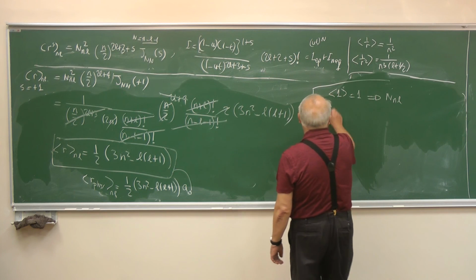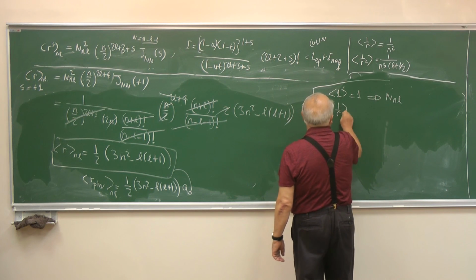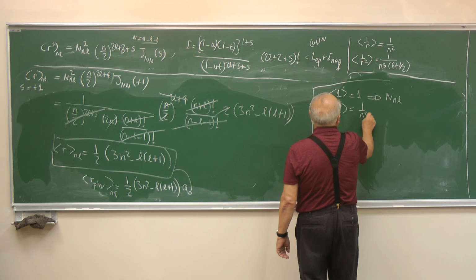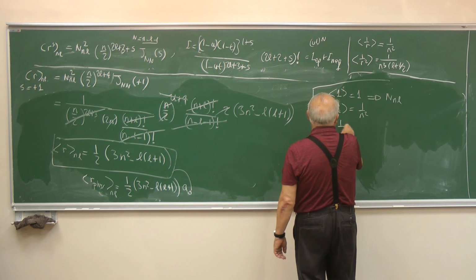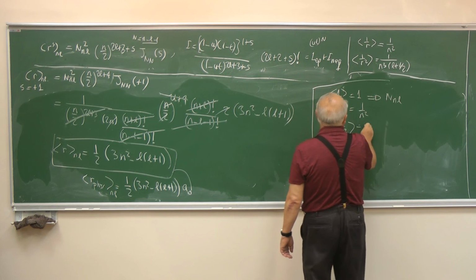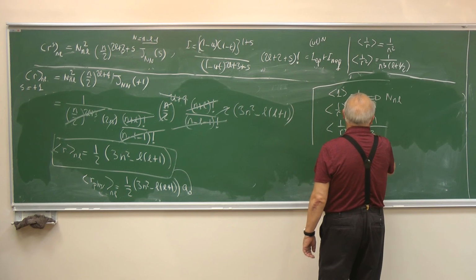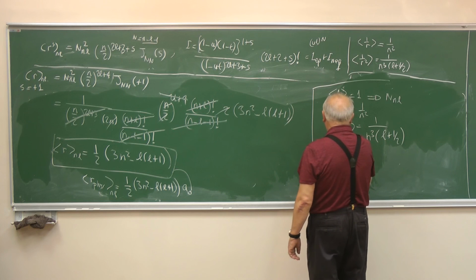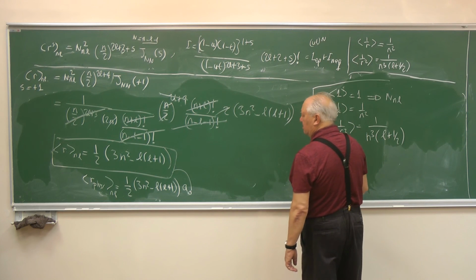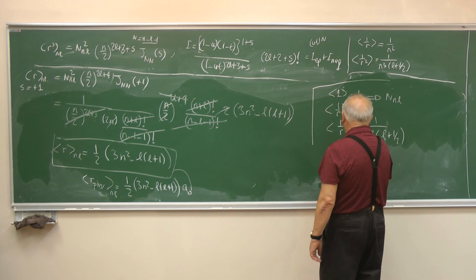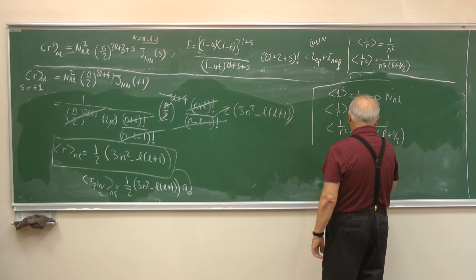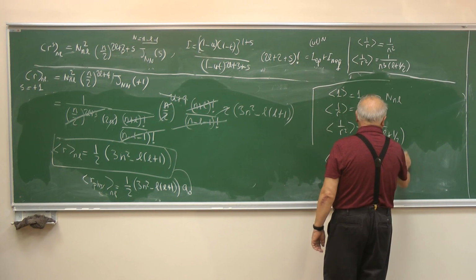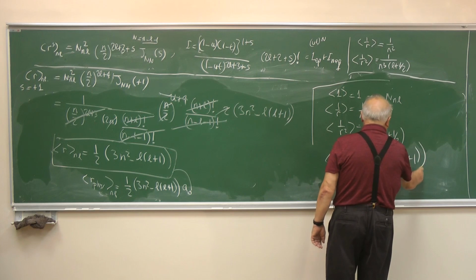Then we obtained 1 over r, which is 1 over n square. And then we obtained 1 over r square, which is 1 over n cubed times L plus a half. And then we obtained r is 1 half times 3n square minus L times L plus 1.